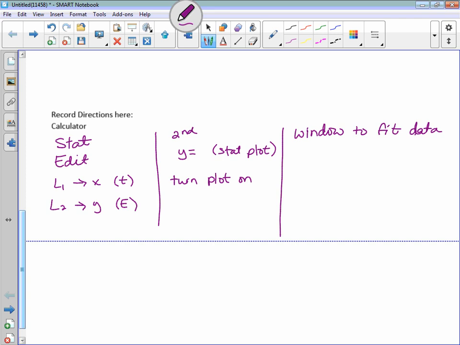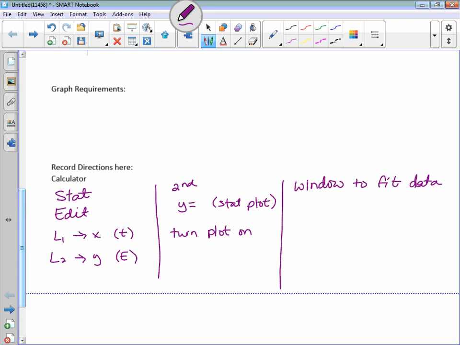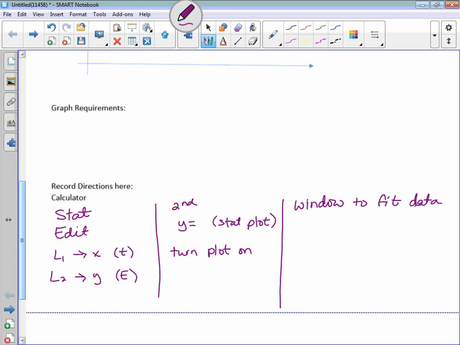So let's talk about if we actually wanted to sketch this, couple of things that we would need to have. You have to label each axis with a title. You have to use an appropriate scale.